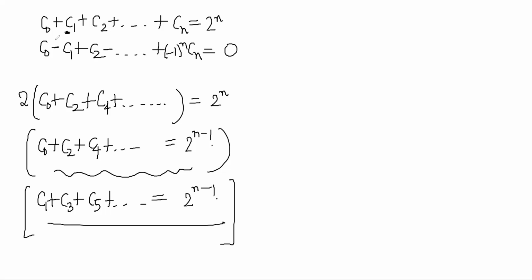Because you can simply isolate all the odd terms. The isolation will become 2 power n minus 2 power n minus 1, which is 2 into 2 power n minus 1 minus 2 power n minus 1. So we get some nice results here.